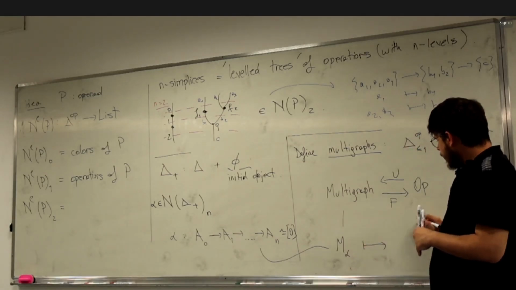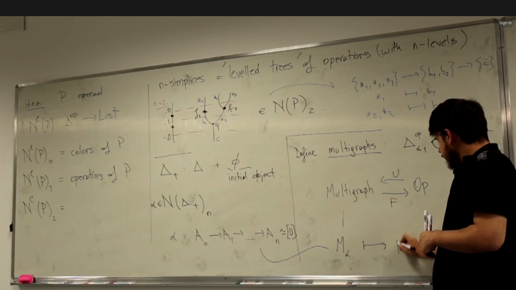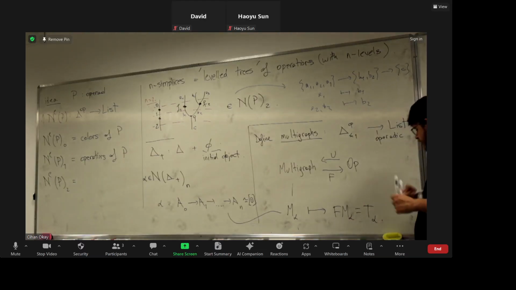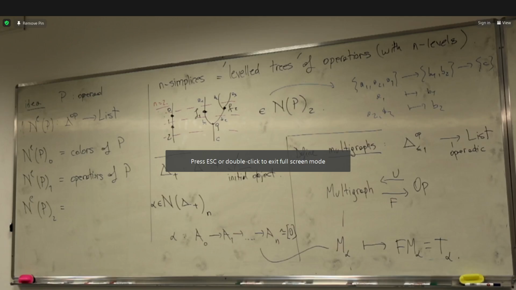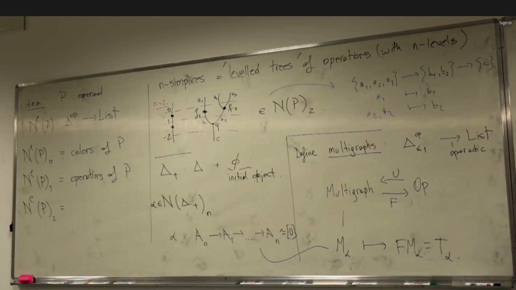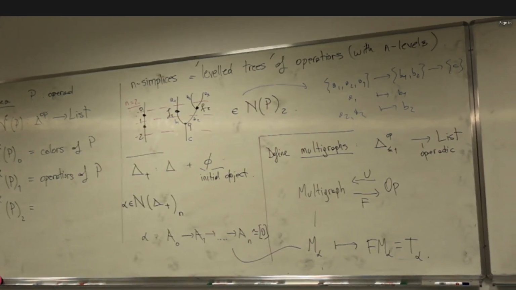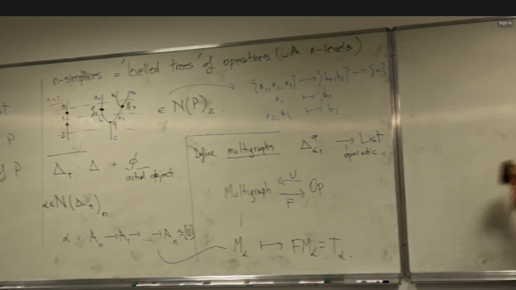We apply the free operad functor. Next time I can draw more pictures, because this is very intuitive. But just to be able to make a statement and next time commentary on it.